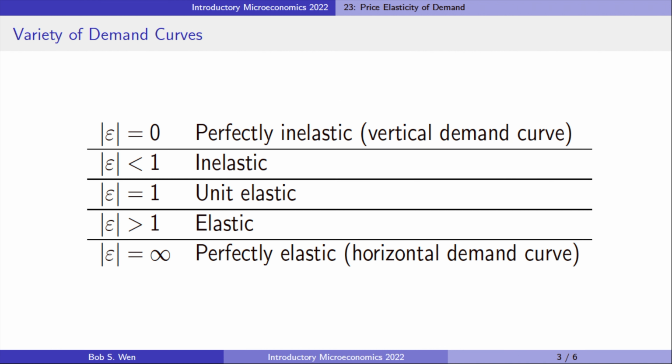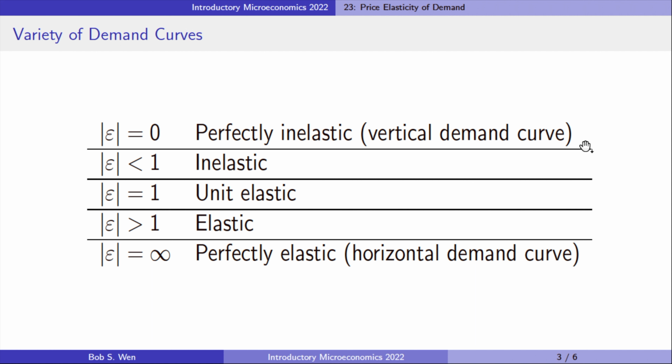If the elasticity is 0, the demand is said to be perfectly inelastic. It implies that the quantity demanded is extremely insensitive to the price change. The price elasticity of demand for a vertical demand curve is 0.